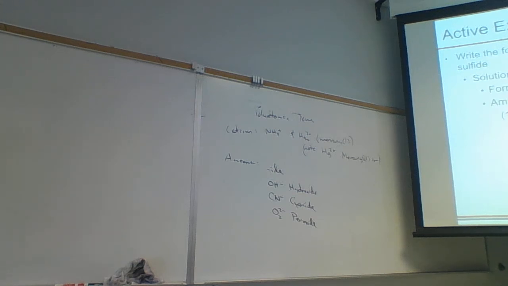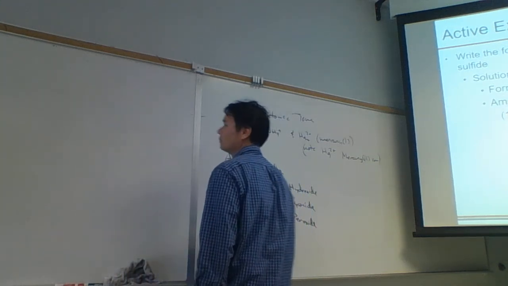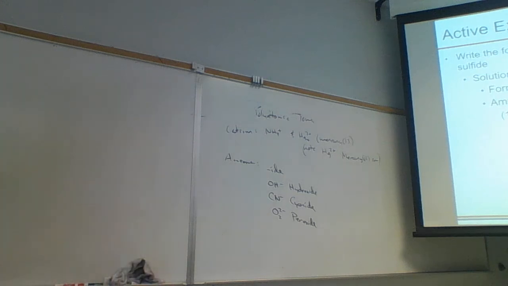And then we have what we call the ates, the polyatomics that end in ATE. And for the polyatomics that end in ATE, we have two ways we do it. We have ones that we can get from pattern, from the periodic table, and others that we just have to memorize.